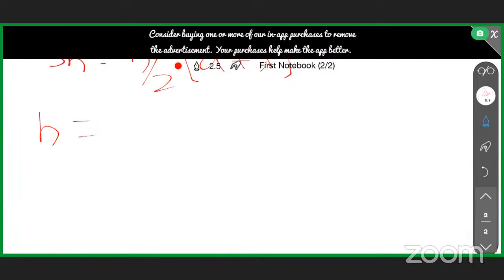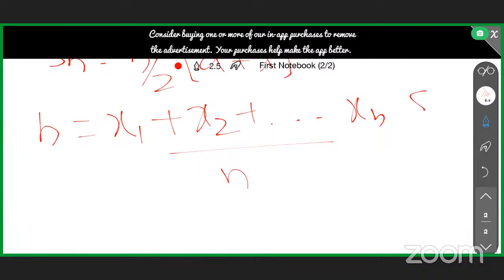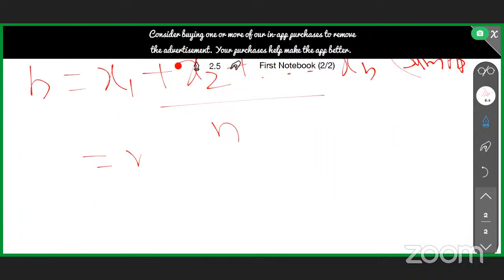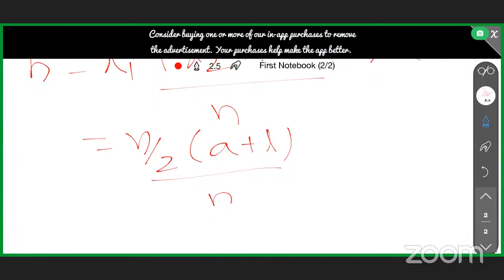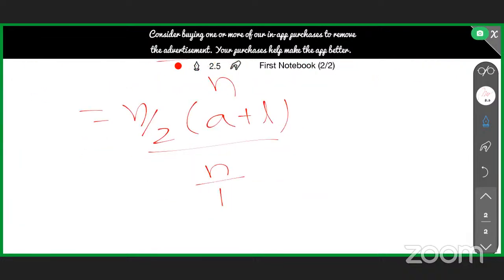So H is what they are given: xn by n. The top is nothing but the sum in AP. Yes or no? So I'll use the AP formula here. What happens? N by 2 into (A plus L) whole divided by N. The first N and this N get cancelled.